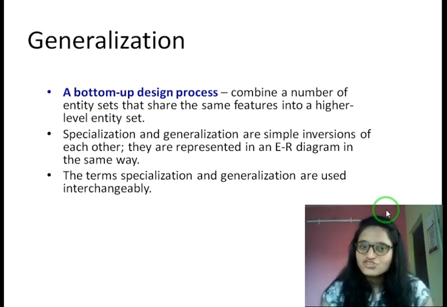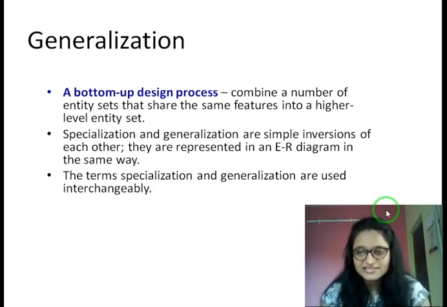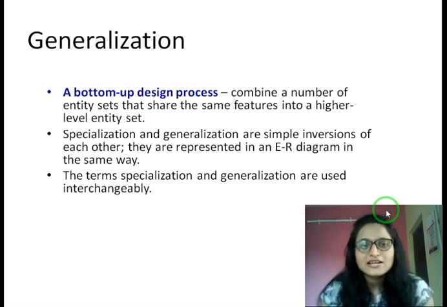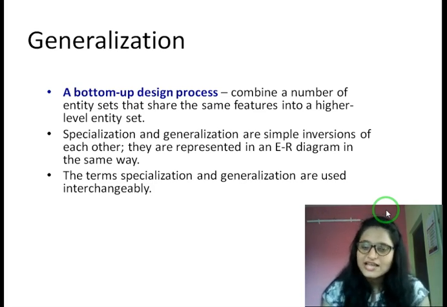To achieve the generalization, we combine a number of entity sets. Let's take an example: employee and student are the two entity sets. We combine those two entity sets, find the common attributes and form one person entity as a generalized entity. So they share the same features in the higher level entity.